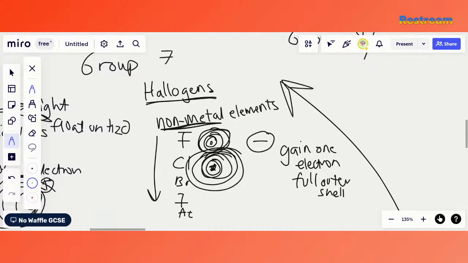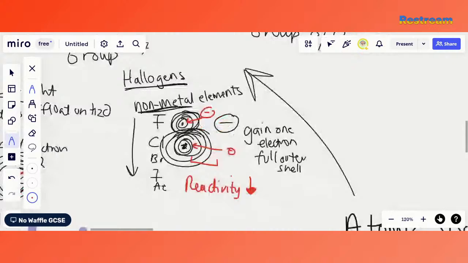And in order to get a full outer shell, the nucleus needs to attract an electron. However, as you go down the group, the distance between the nucleus and the electron would only increase. And as the distance increases, this means that the reactivity decreases, because it's harder when there's a lot more shells for the nucleus to attract that extra electron.